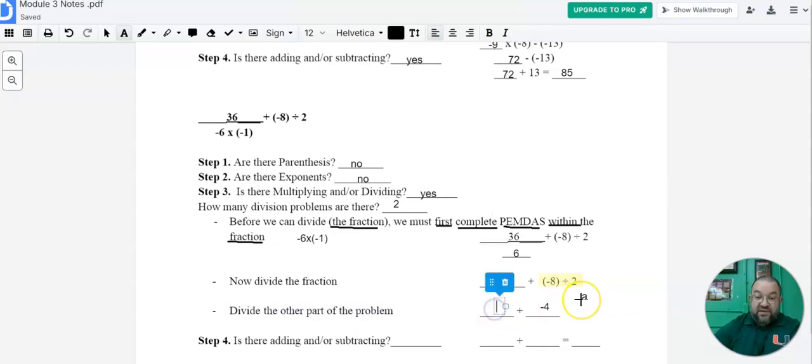So now we have 6 plus negative 4, and then we can finish our subtraction, and we can say that 6 plus negative 4 is going to give us a 2, or a positive 2.